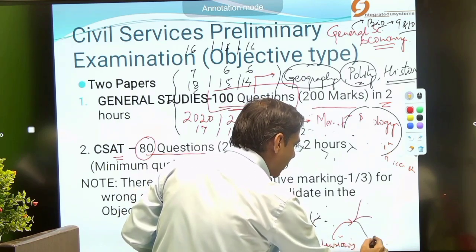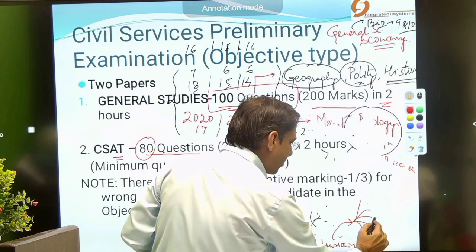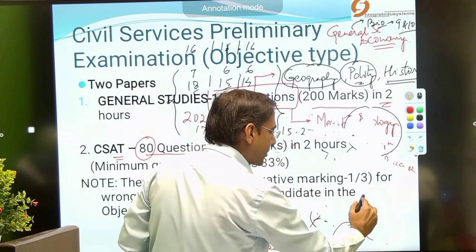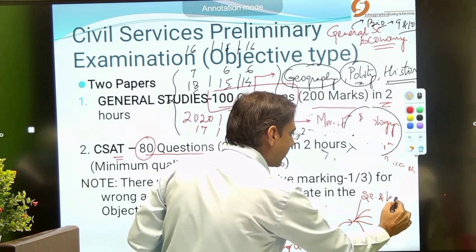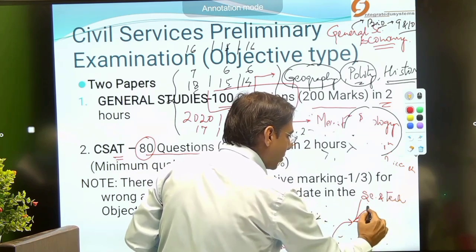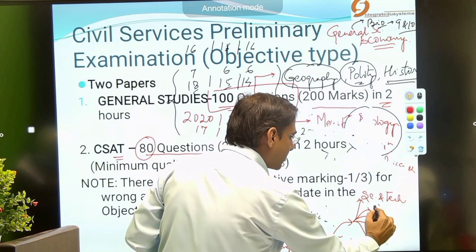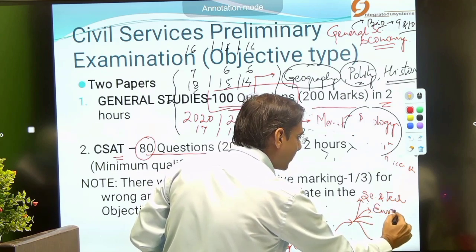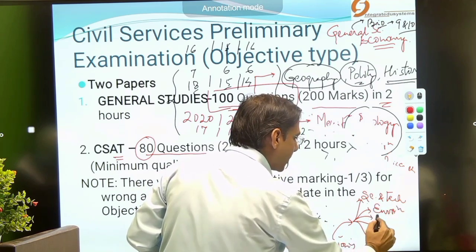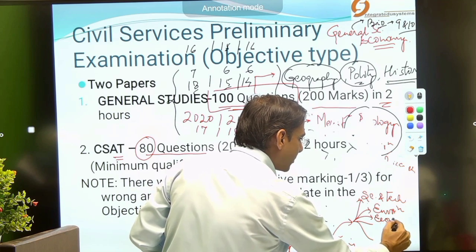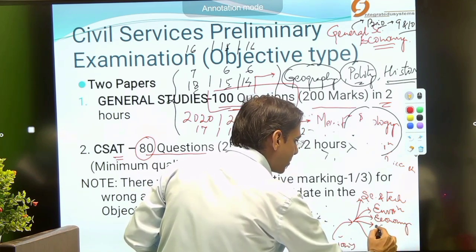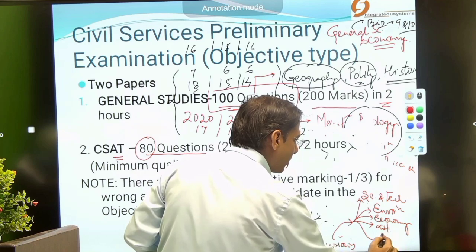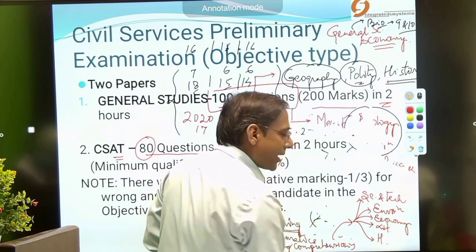When you look at previous year CSAT papers, you find that some reading comprehensions are based on science and tech, some on environmental issues, some on economy issues, some on literary aspects, and some on historical aspects.